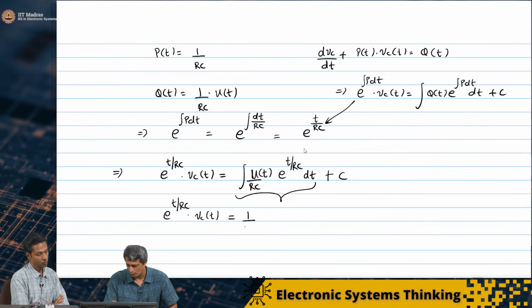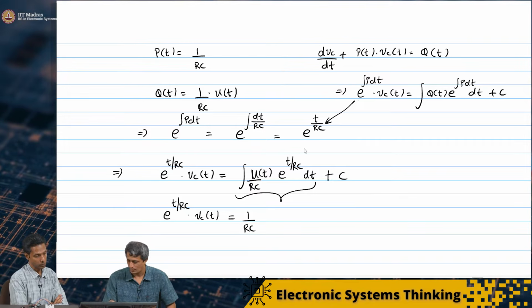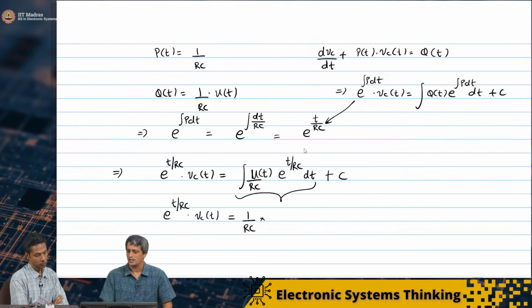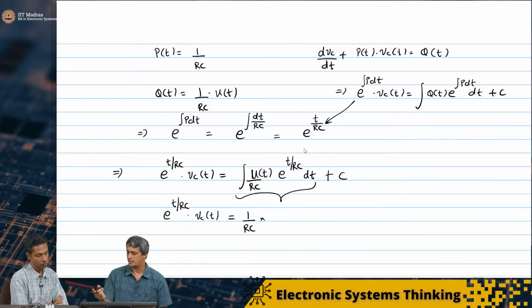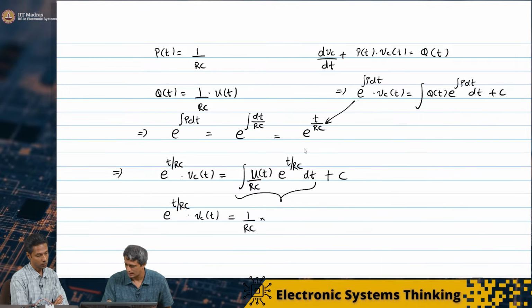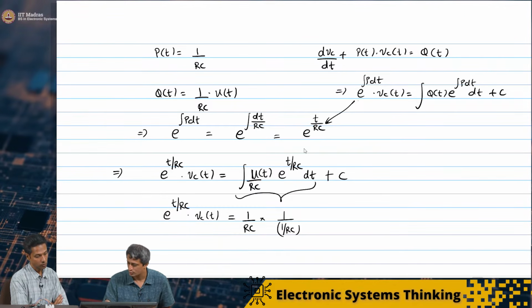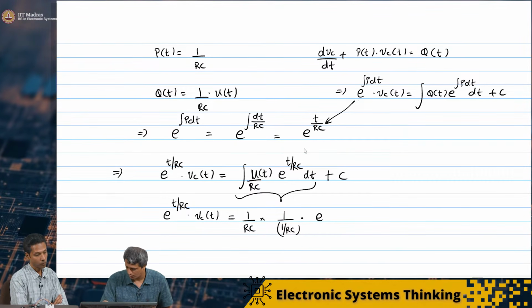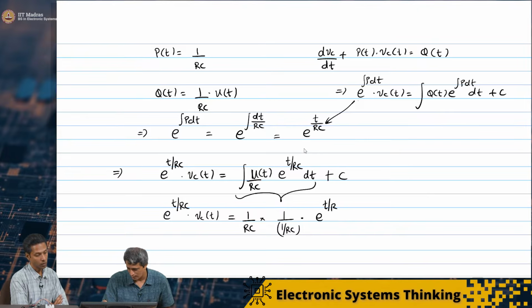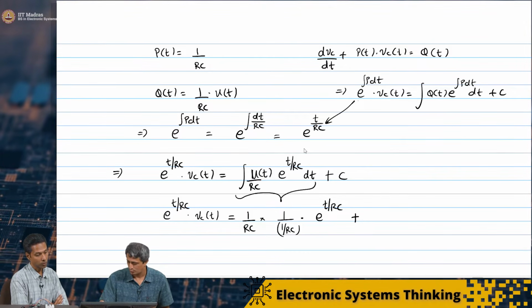The integral of e power at dt is just 1 by a, so it is 1 by RC times e power t by RC, plus a constant.